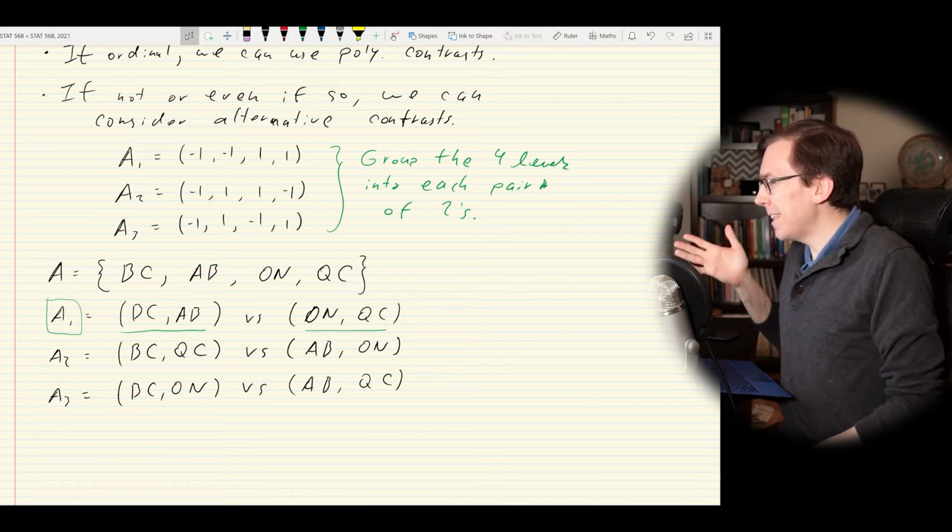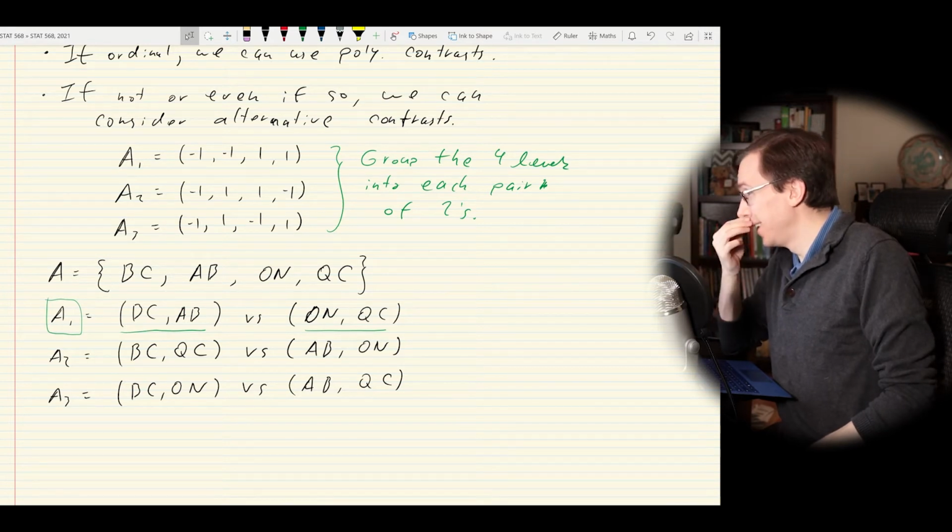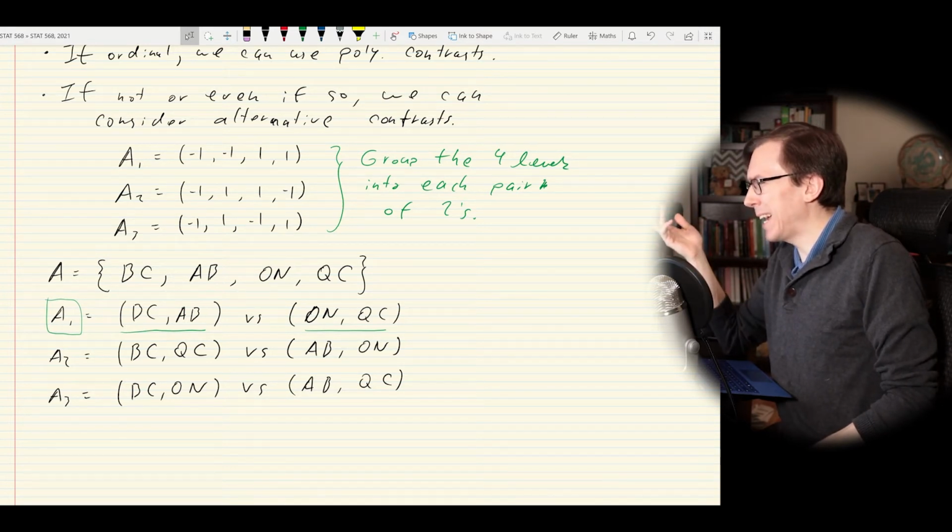Anyway, that's more or less everything I wanted to talk about for 4-level factors. I have some more examples, but we kind of did these already, where I say that you can't just add them up mod 4.